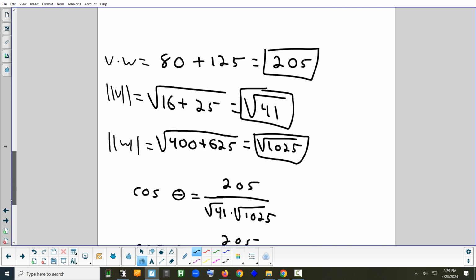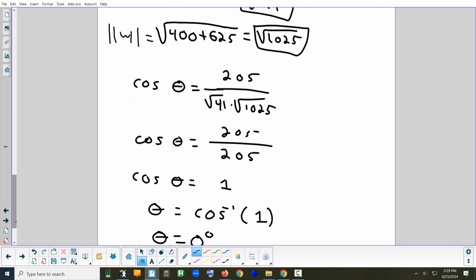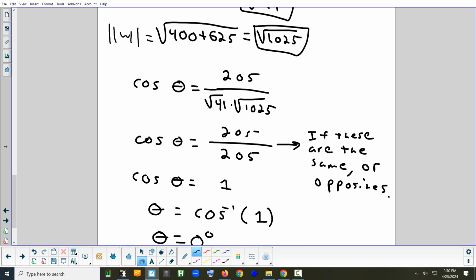So even though you still have to figure everything out, the hint, when you get to this point right here, is that if these are the same, or if they're opposites, like negative 205 and positive 205, then the vectors are parallel.